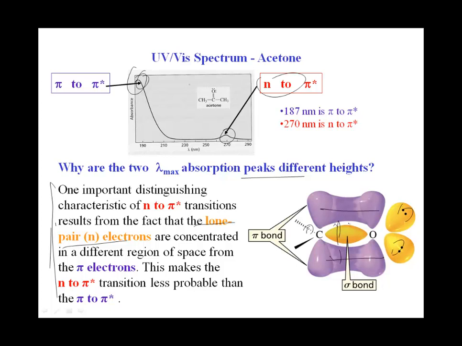So that transition is quite allowed, whereas for the n to pi star transition, the energy gap is right for it to occur, but it's not as allowed. One reason is that the electrons are in a different region of space, and therefore the n to pi star transition is less probable. So what that means is that the bands due to n to pi star transitions in the UV-visible spectra are much less intense than the pi to pi star.